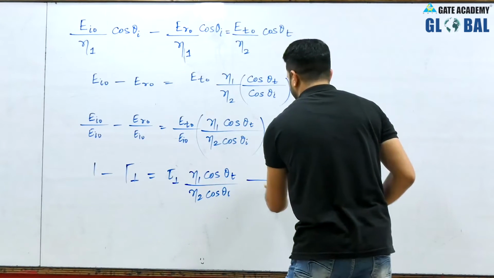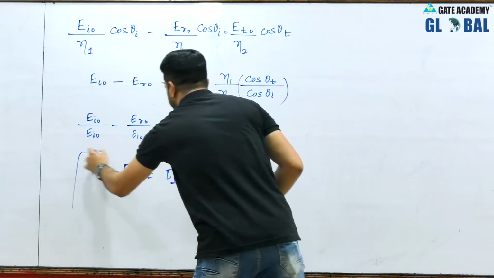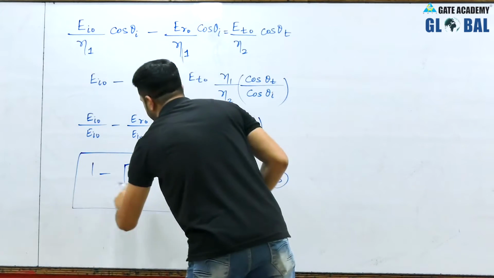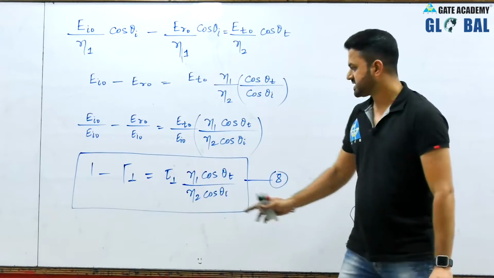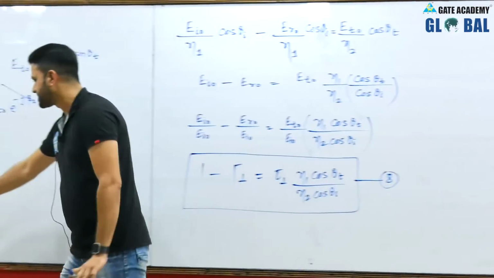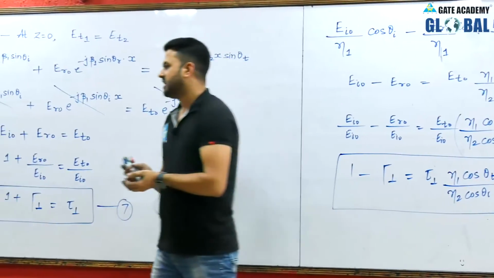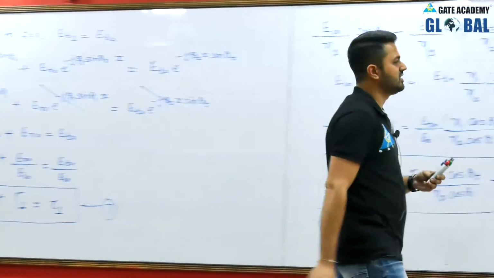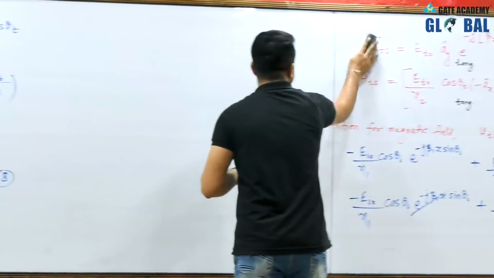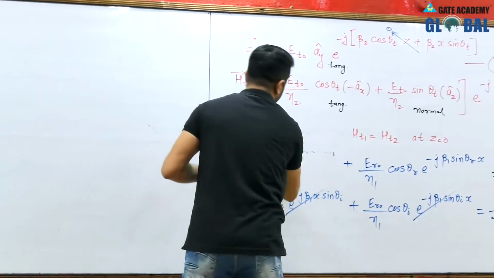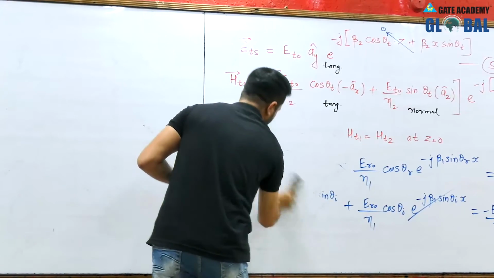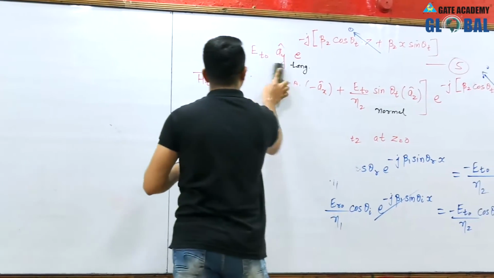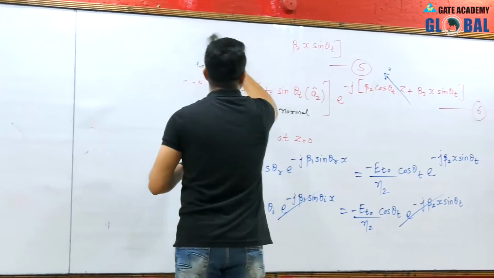This is equation number 8. So these are the two equations which we have got, which we were looking for. Now this is 1 minus gamma, this is 1 plus gamma. On adding equation number 7 and 8, we can have the value of the transmission coefficient, and from equation number 7 we can get the value of the reflection coefficient after getting the transmission coefficient.